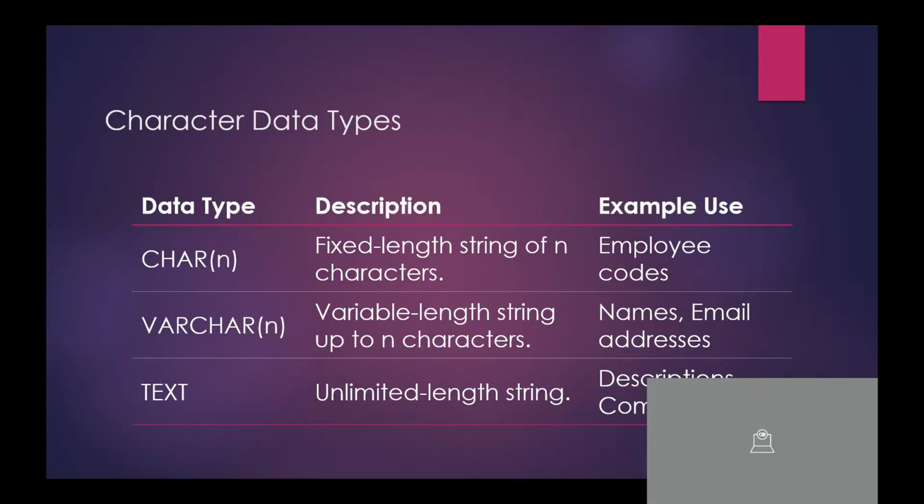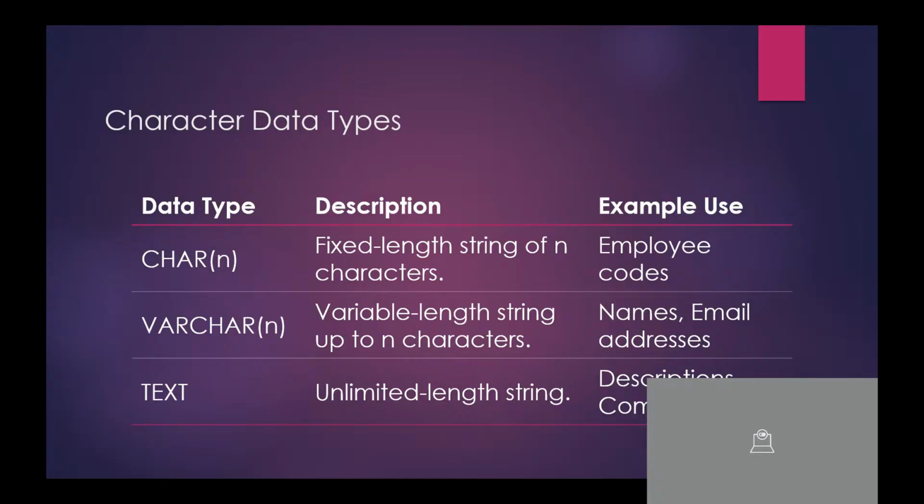Now the character types of data. For character types you use CHAR, a fixed length string of length n. We have given 100, which means my name is this, and it cannot accept a name of more than 100 characters. VARCHAR is a varying length string up to n characters, used for names, email addresses, employee codes.